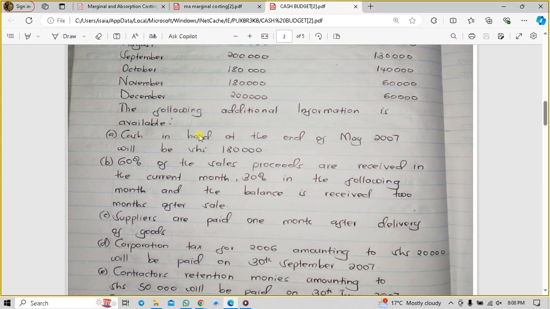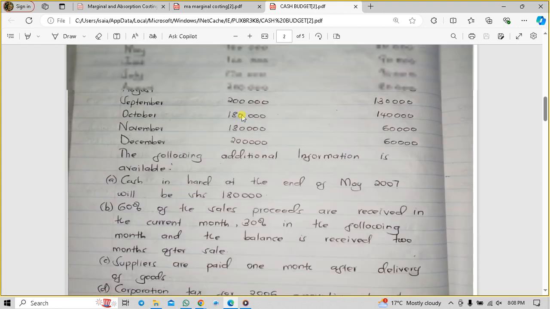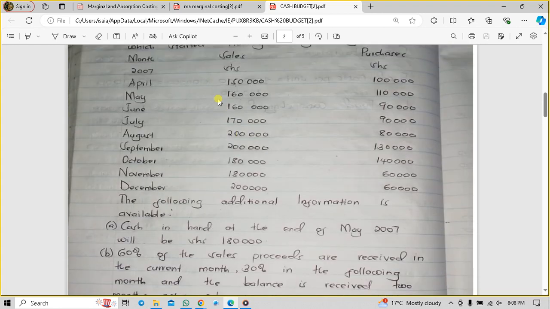Part A, cash in hand at the end of May 2007 will be 180,000. So we are told that in May 2007, as much as we made sales of 160,000, the cash that we had in hand is 180,000.